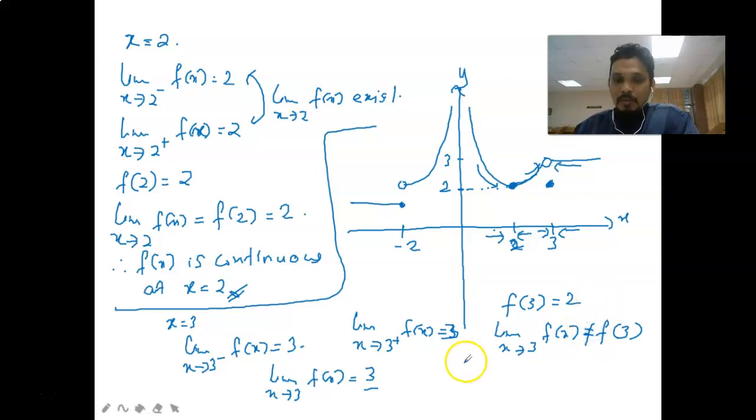So we come up with the conclusion that the function f(x) is not continuous at x equal to 3.